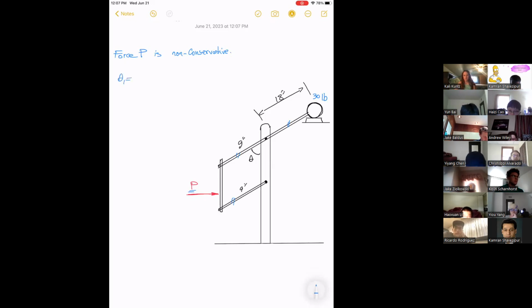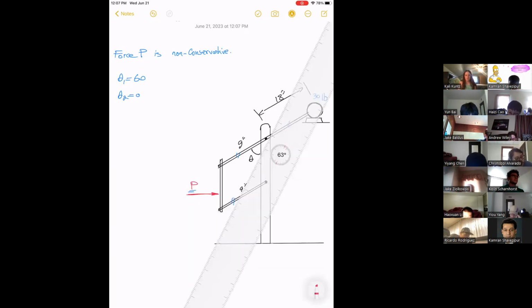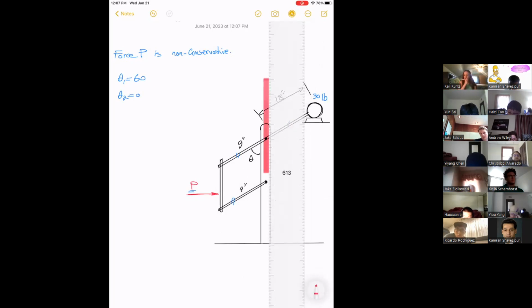Theta 1 is 60 and theta 2 is 0. To get to the 0 theta, and I try to draw this with red, practically this mechanism is going to look like this.